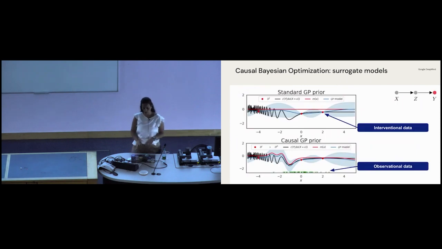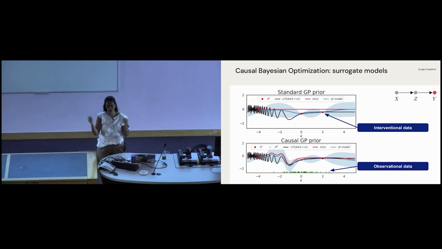Okay, so this is quite an important point. So we'll try to explain it with a plot. Suppose again we are in this setting in which you have x, z, and y, and we've seen that we want to intervene on x, and we want to intervene on z, and we want to also account for the possibility of not intervening. Now, for each of these sets, I have a model, which is my target effect.